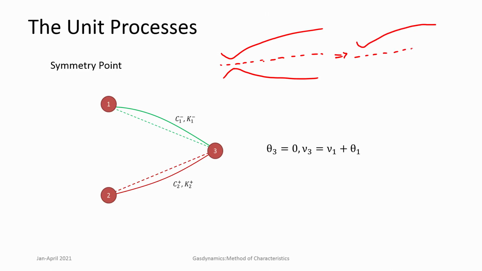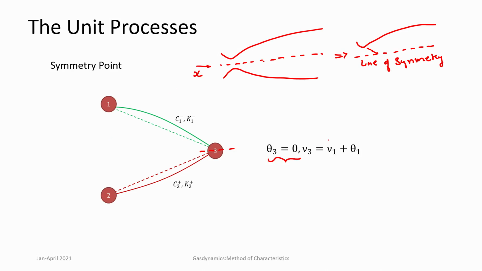So, there is a line of symmetry. When you consider such a line of symmetry, you will have characteristic lines coming from certain points, and at 3 we find that it is a line of symmetry. In this case it is symmetric along the x axis, so the angle is 0. So, theta 3 is equal to 0.